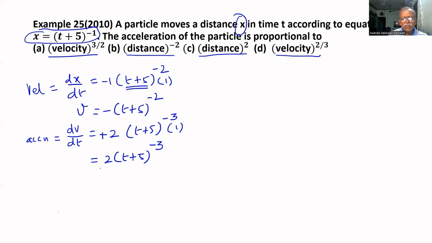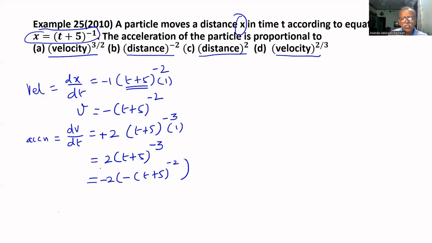So to convert this into minus 2, I'll write like this: minus 2 times minus t plus 5 to the power minus 2. So here I can substitute velocity. Why did I put minus 2? Because here the acceleration has plus 2.